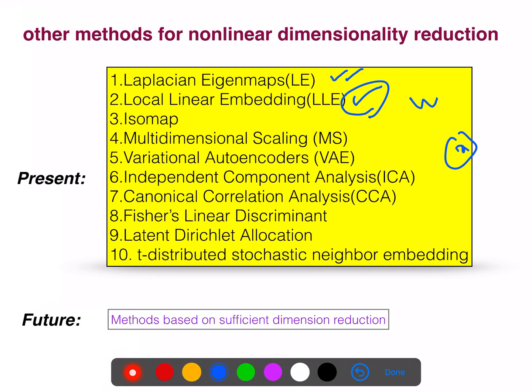For example, you have x space, you have y space. In x space, you find the weights, and then you fix the weights, use them in y, and you do optimization for y. Multidimensional scaling is similar. Variational autoencoders are a combination of deep learning and sampling techniques.